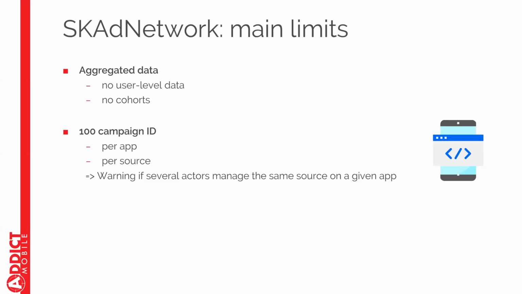Let's consider Facebook. Will they have a different tracking flow, a different campaign structure, and maybe no more campaign, ad set, ads, but only campaign and ads, to limit the granularity and to make sure that we use that 100 campaign ID limit in the best way possible?